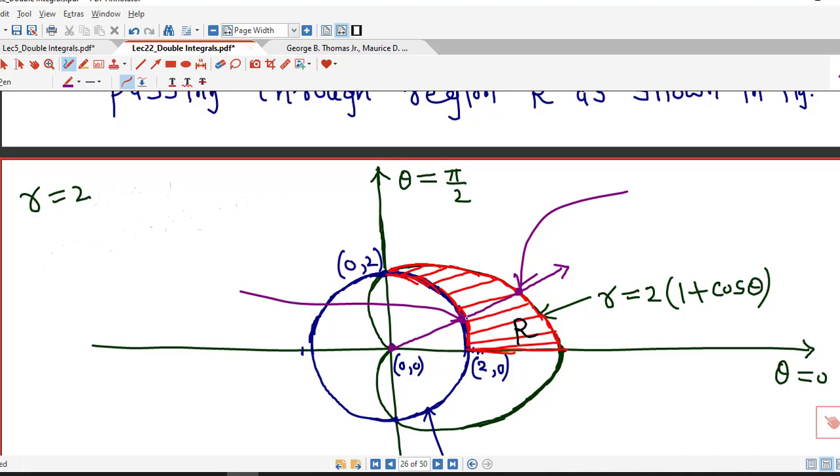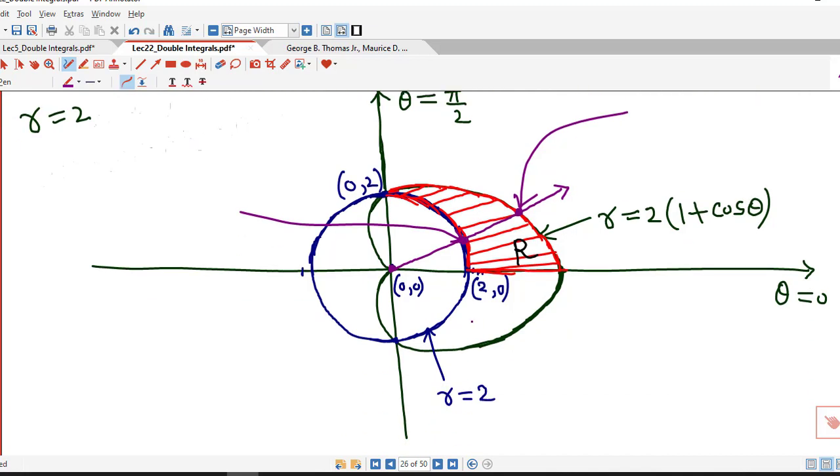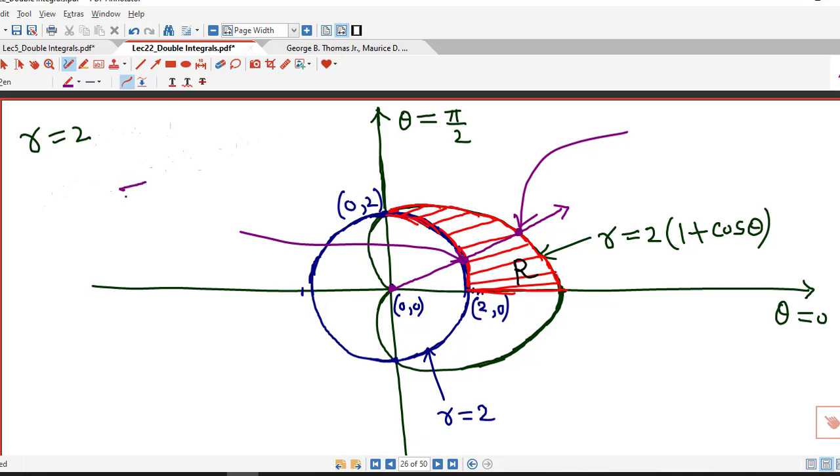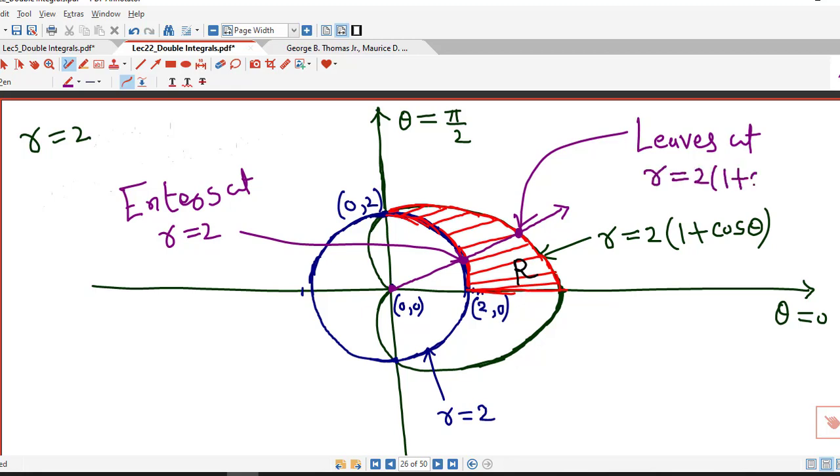Now the ray is entering the region at this point, and this point is on the circle. So the lower limit for r is r equal to 2, and this is the point at which the ray is leaving the region, and this point is on the cardioid. So it leaves at r equal to 2 into 1 plus cos theta.